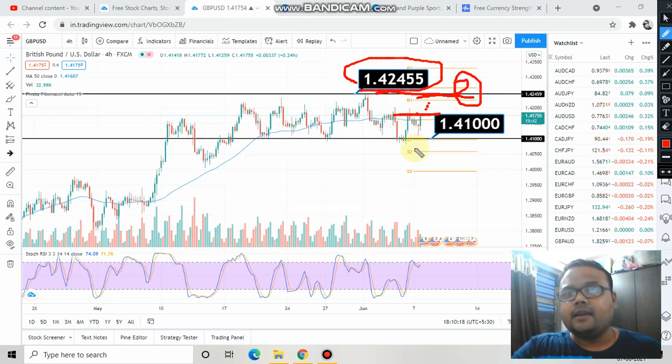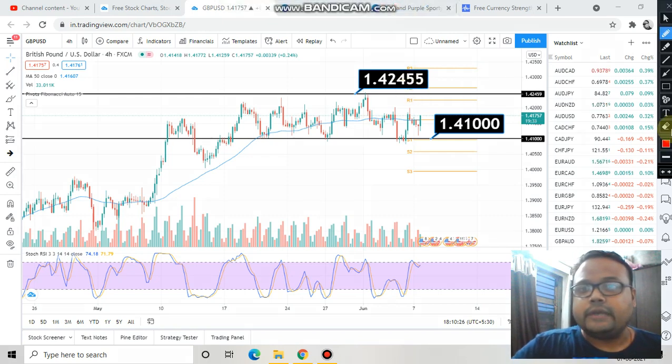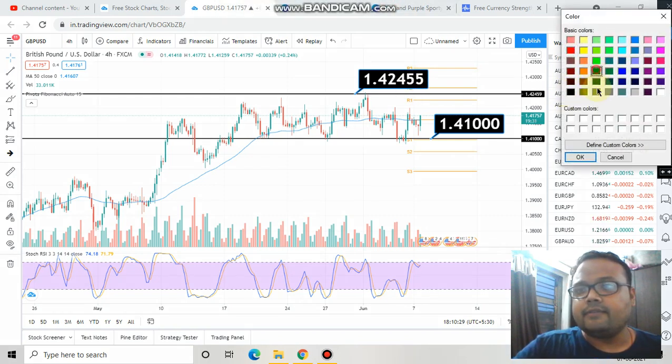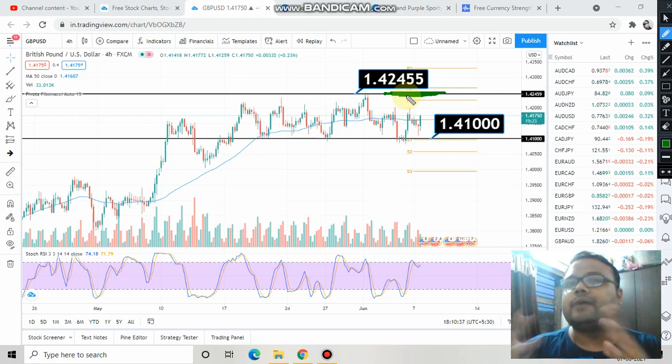Because if you buy here, your stop loss will be here. So no. On the other hand, GBP is very strong today. So in case it crosses this particular price level, then wait for 4 to 8 hours, 6 hours, and just see how the price reacts.